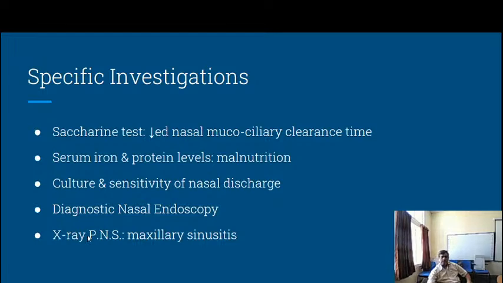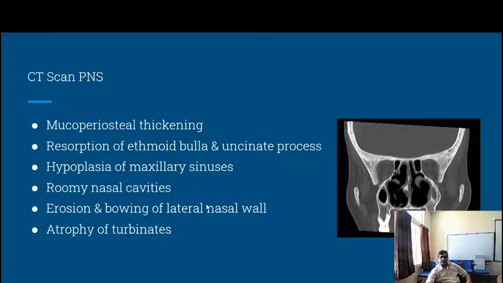Radiologically, you will see thickening of the mucoperiosteal layer, and this is the middle turbinate, so the bulla ethmoidalis has to be somewhere there, producing a bulge, that is also destroyed, and the uncinate process is totally destroyed.